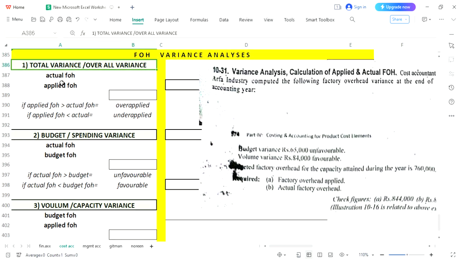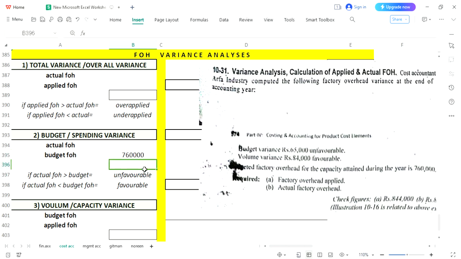Now why did I write this when everything is already present? Actually our requirement is to calculate factory overhead applied and actual FH. So let's post the values which are given in the question. Budget FH is 7,60,000. The next thing given is budget variance 65,000.